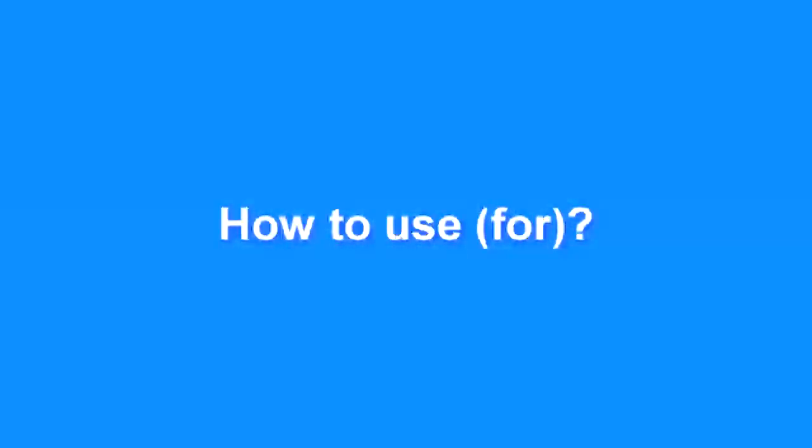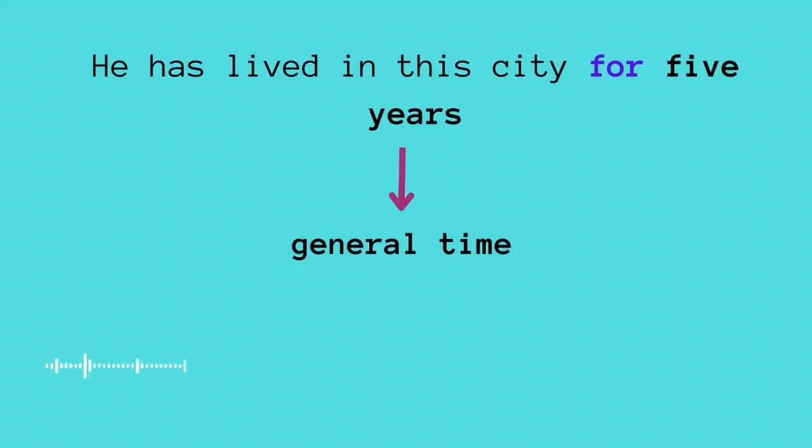Right? Now let's look at for. How can we use for in sentences? He has lived in this city for 5 years. What does that mean? It's just a number, like for 5 years. He has lived in this city for 5 years. We only have a number, but we have no idea about when he moved to this city.